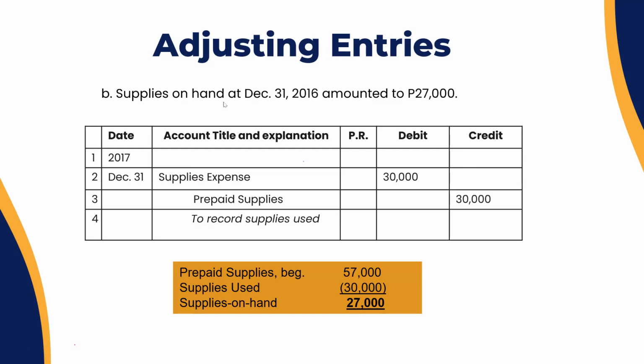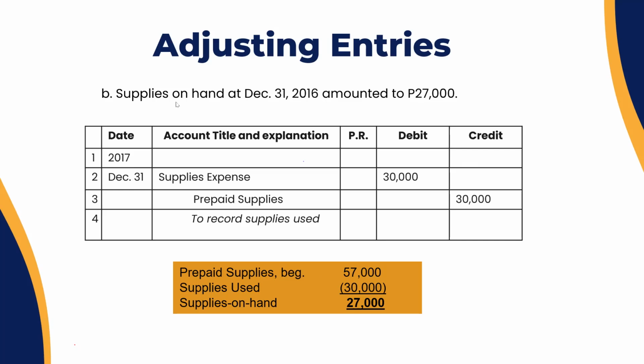So, nung nag-start tayo, we have prepaid supplies beginning, magkano yon? 57,000, 'di ba? 57,000 yun siya sa libro. Now, syempre, at the end of the year, at the end of the period, yung 57,000 nun, syempre nagamit mo na, 'di ba? Ang sabi dito sa problem, the supplies on hand at December 31 amounted to 27,000 pesos na. On hand daw.